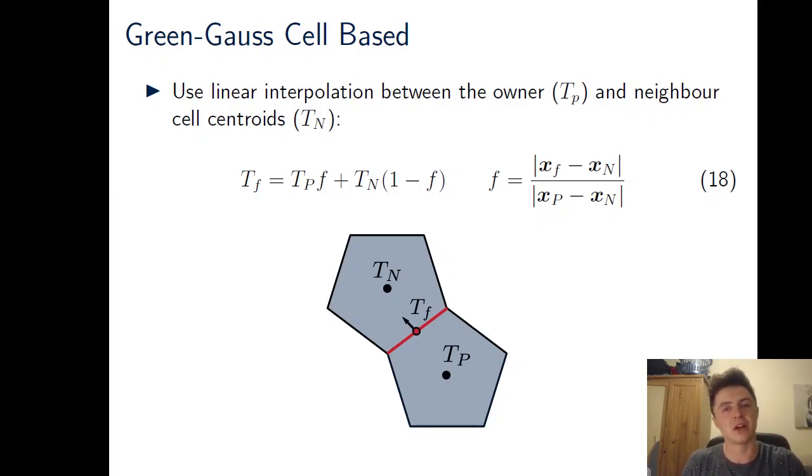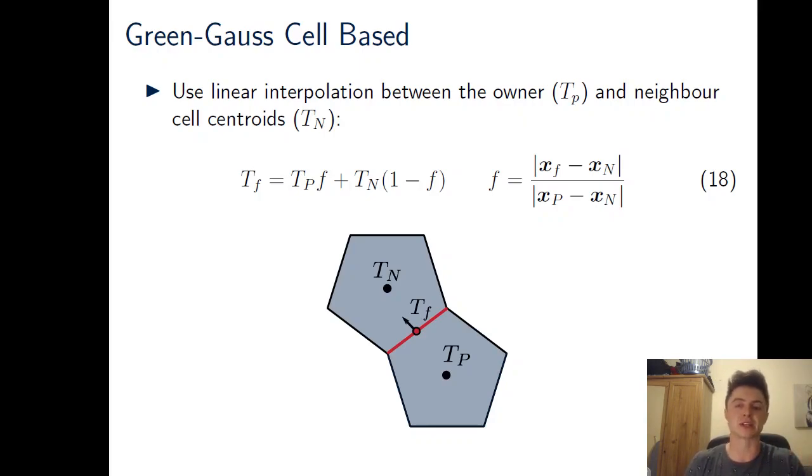The fraction f gives the fraction of the distance between those two centroids. So if the face is very close to one of the cells, then linear interpolation is going to be biased towards whichever cell the face is closer to. That's standard linear interpolation, and you can give it a go for yourself if you want. And that is the cell-based scheme.